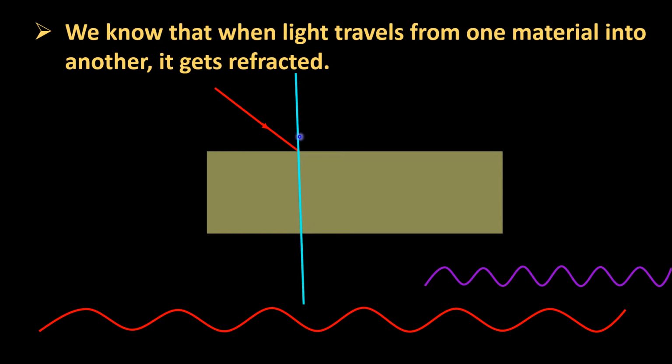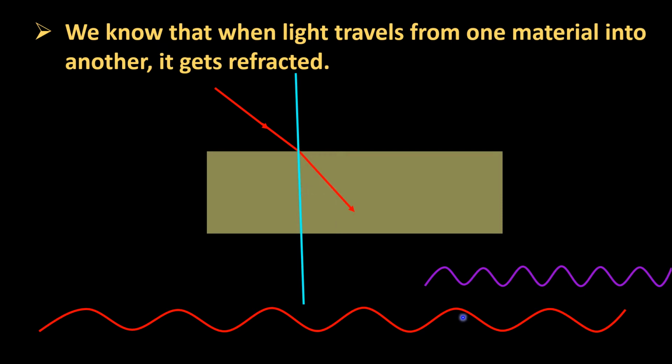This is the normal drawn at the point of incidence. We know that when a ray of light travels from a rarer medium into a denser medium, it bends towards the normal. This is the refracted ray. So here is the angle of refraction.